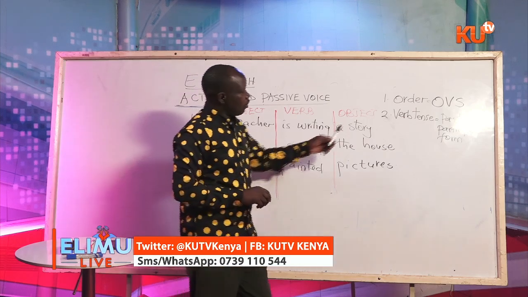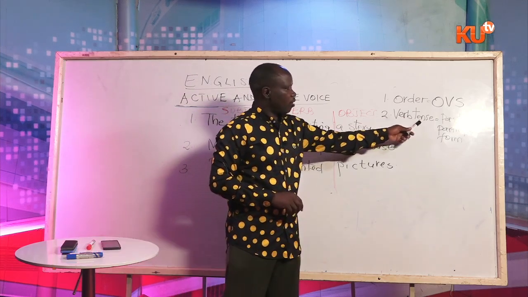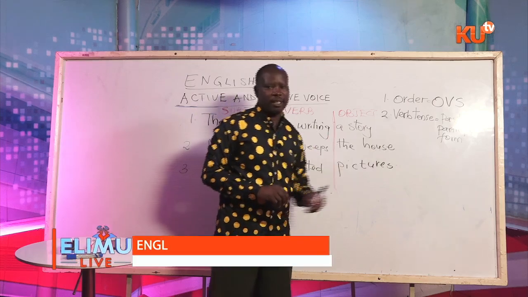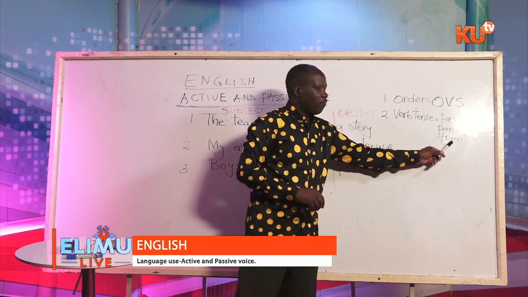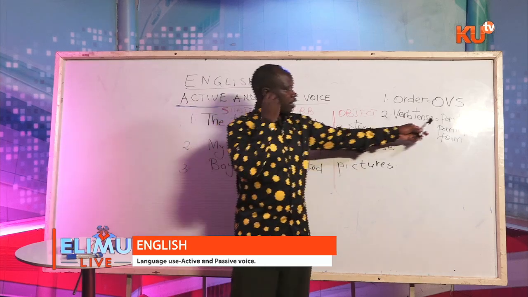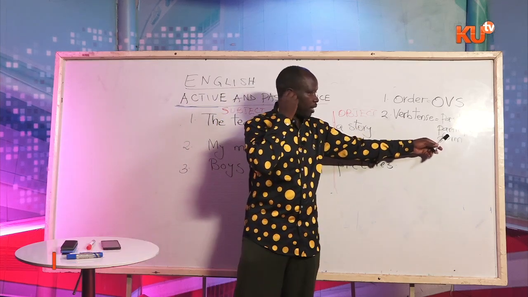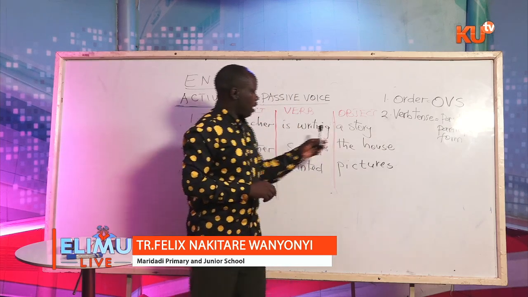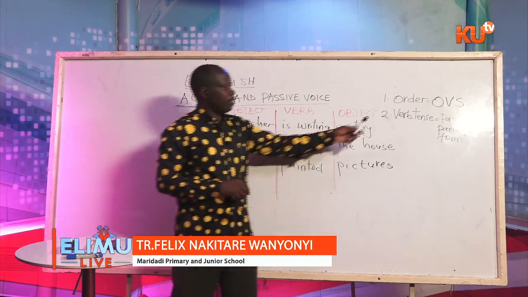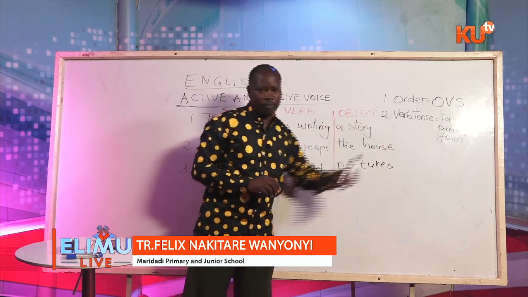So our rule number two, the verb tense, must be written in past participle form. I'm saying past participle form and not past participle tense because it is not a full tense. So make sure your verb is written in past participle form.